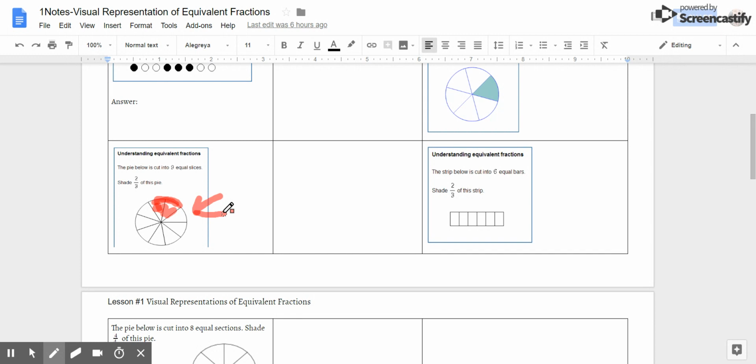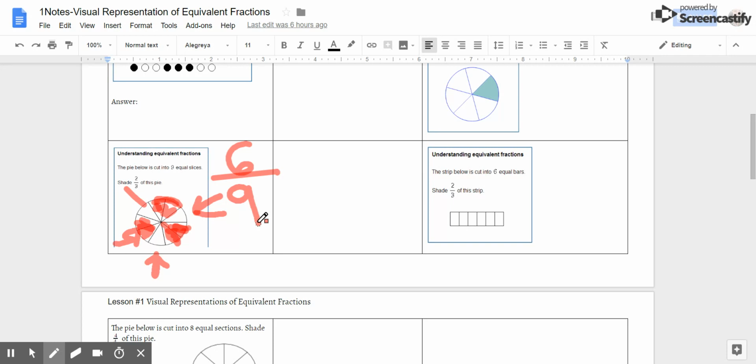So we leave one blank because it's 2 out of 3. Shade in 2, sorry that my coloring skills aren't fantastic, and then leave one blank. So 2 out of every 3 pie pieces is equal to 6 out of 9 total pie pieces.